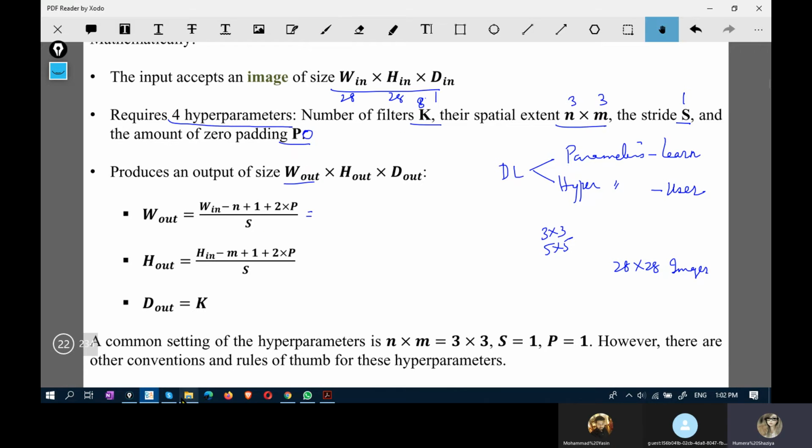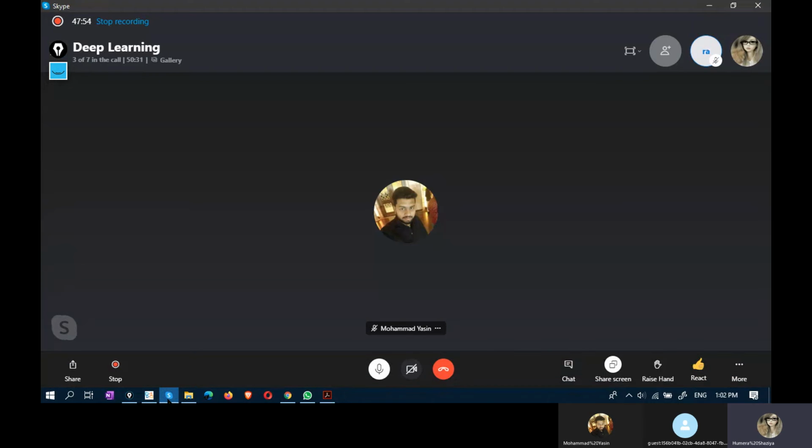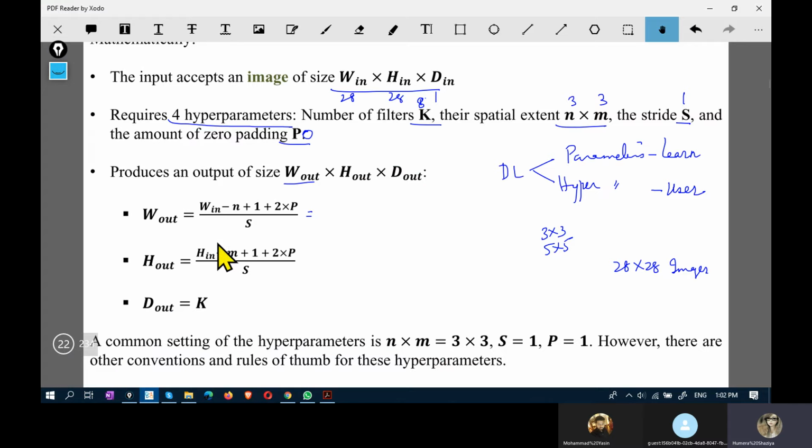Can anyone in the class tell me the W out for this?